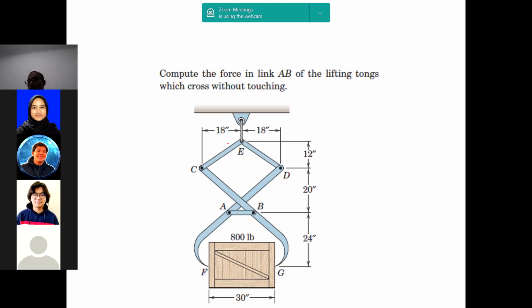Now, in order to solve this, where are we supposed to start? Which free body diagram are we supposed to solve first? Maybe the whole thing. The whole thing. Okay, the whole thing.